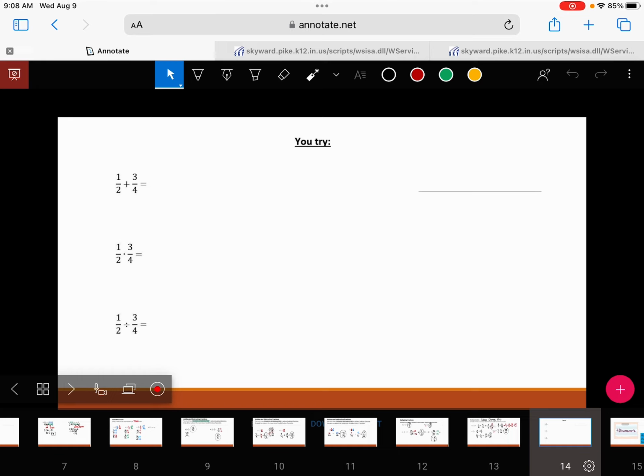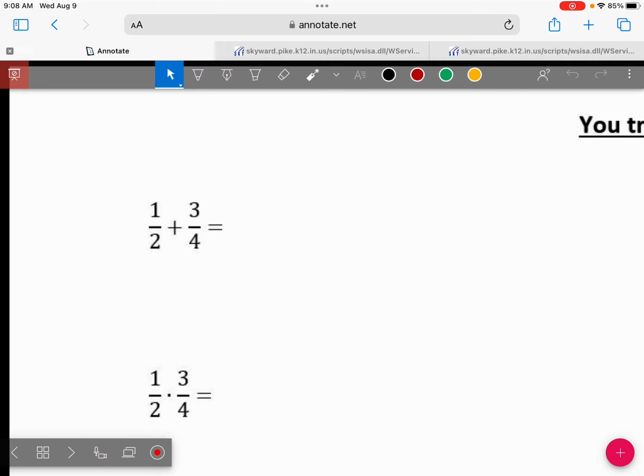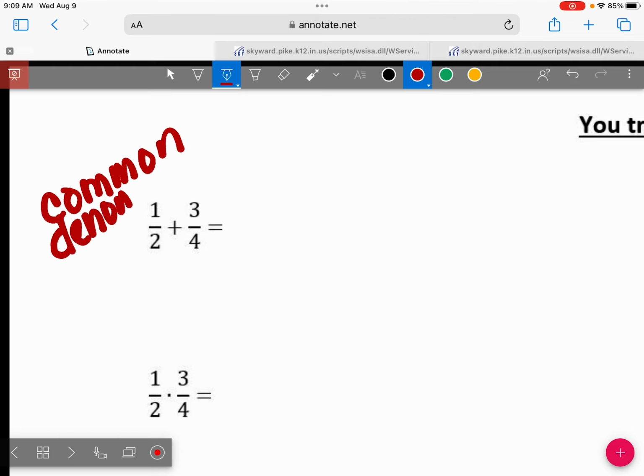Okay, so we need a common denominator. So what would be my common denominator? When you add, you have to have a common denominator. And I heard someone say 4. So that means that this fraction can stay. I'm going to leave that as 3 over 4. But what do I have to multiply by 1/2 to change it to a 4? 2.